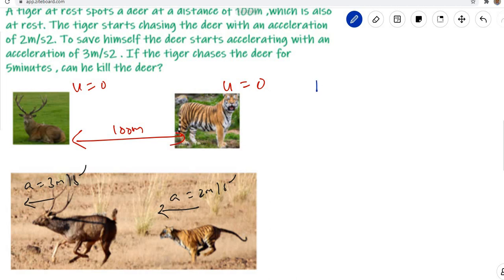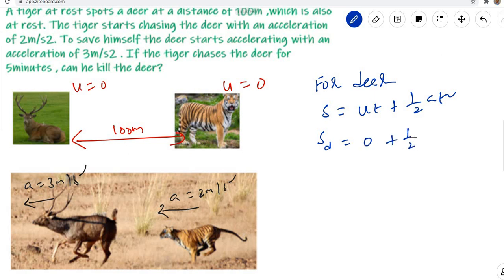If you write for the deer, we apply the equation S is equal to ut plus half at square. So the distance traveled by the deer, SD, is equal to initial velocity 0 plus half. What is the acceleration of the deer? 3. And very important, time. How much time is given? 5 minutes. So we are finding how much distance the deer will travel in 5 minutes. 5 minutes means 300 seconds.